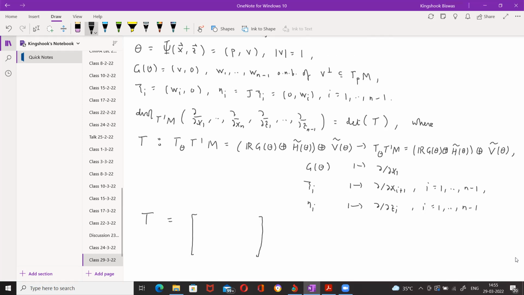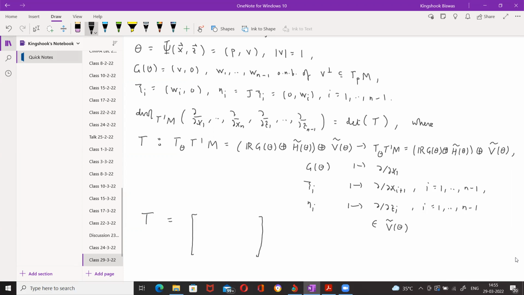But then the last part, these eta i's, these vertical vectors, are going to these del del zi's. The del del zi's are vertical vectors, right? These belong to V tilde theta, because when I vary the z's, my x coordinate doesn't change, the foot doesn't change, right?